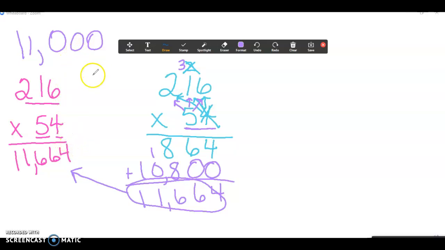Okay, but what if I had messed up on my facts here somewhere? What if instead of 6 times 4 being 24 right here, what if I had accidentally said it was 25? Okay? Then my answer here, this would be a 5. And so I would say that the answer is 11,665 when really there's a 4 there.